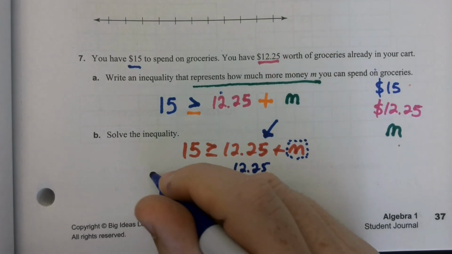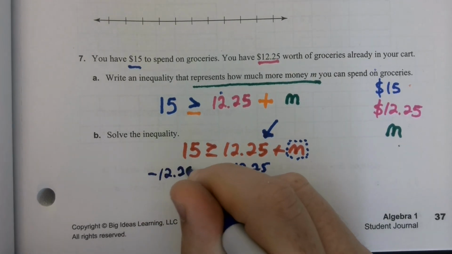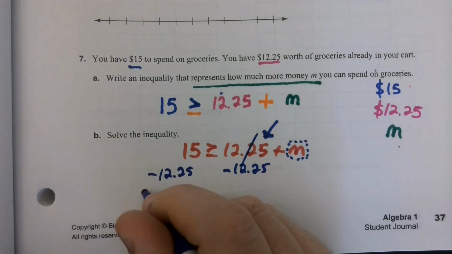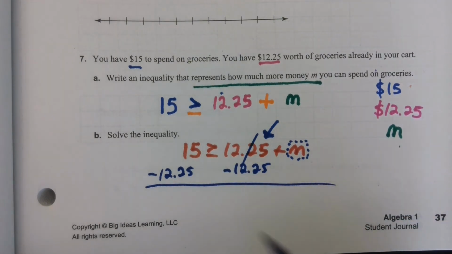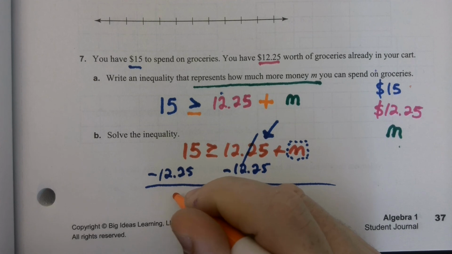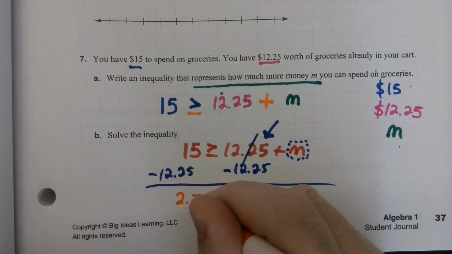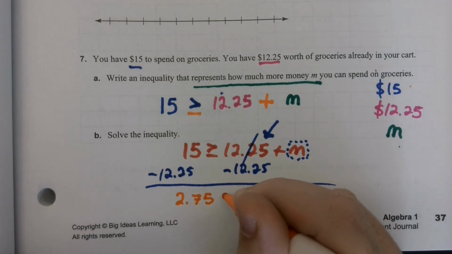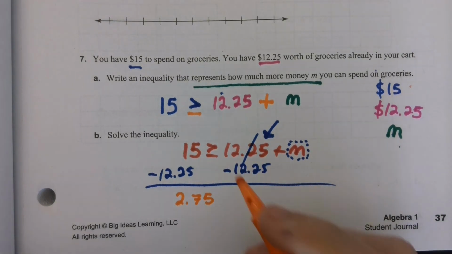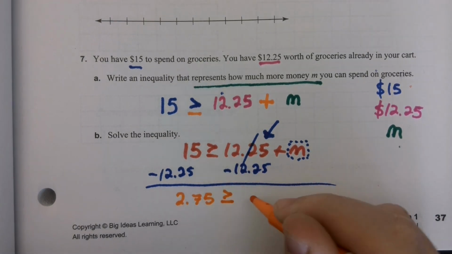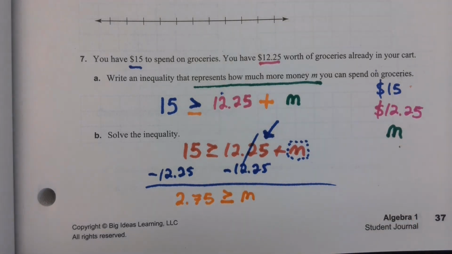But whatever you do to one side, you have to do to the other. So these will cancel, and we'll end up with 15 minus 12.25. 15 minus 12.25 will actually give us 2.75. Our sign is going to stay the exact same, and our variable is what's left over. 2.75 is greater than or equal to M.